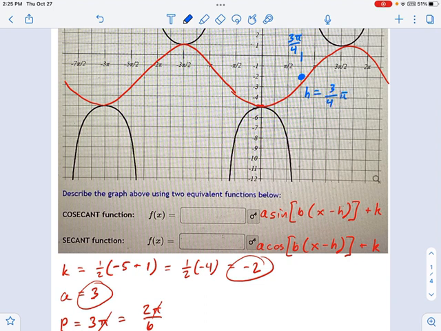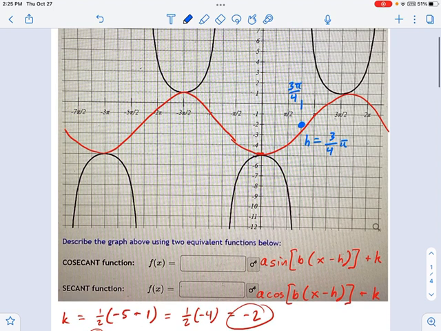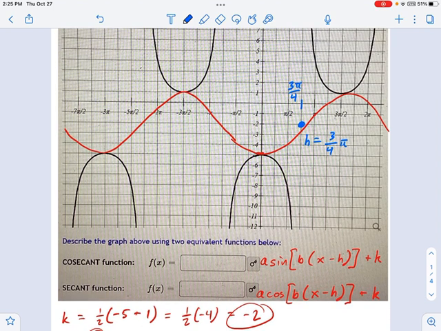3/4 pi. Okay, so now we put it all into an equation, and I'm going to erase parts and then drop the respective values in. I've got the amplitude of 3. I've got the b value of 2/3. I've got an h value of 3 pi over 4, which I'm going to squeeze in there, and then a k value of -2. Okay, so that's my equation with a sine wave.